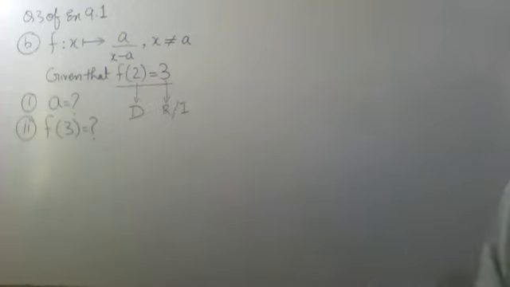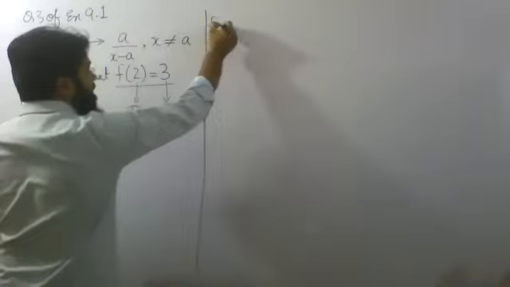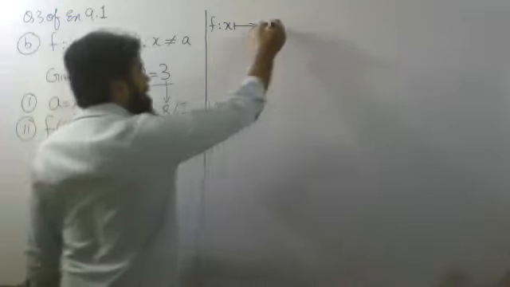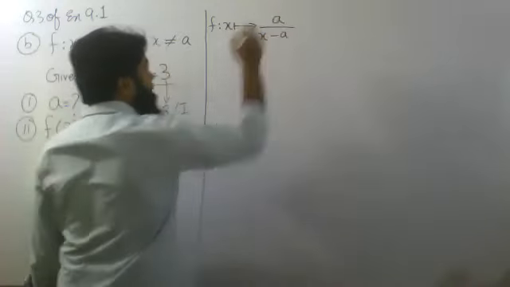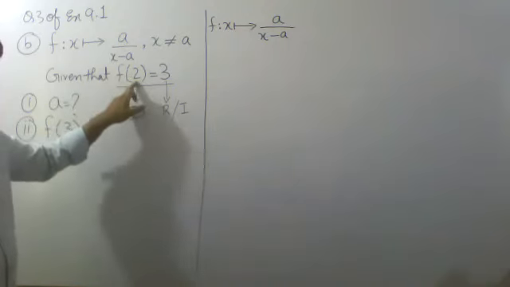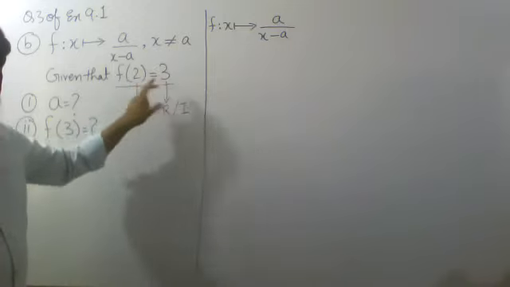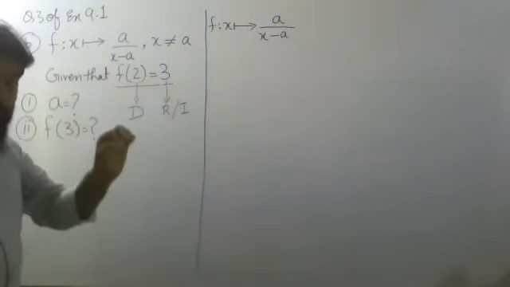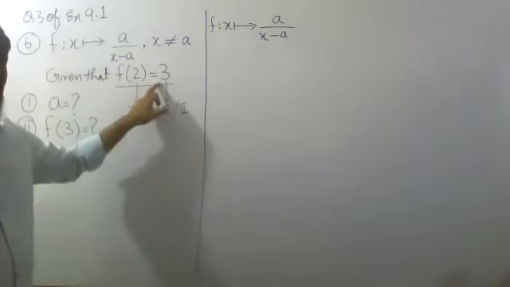What was my function? My function is f of x equals a upon x minus a. Now what have they said? They have said if in the function you put 2 as the domain, the result will be equal to 3.